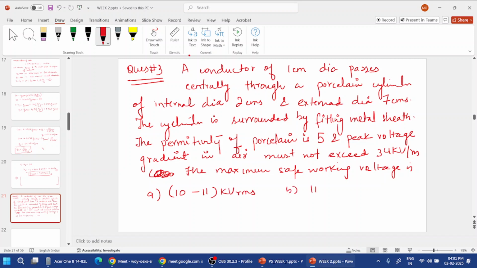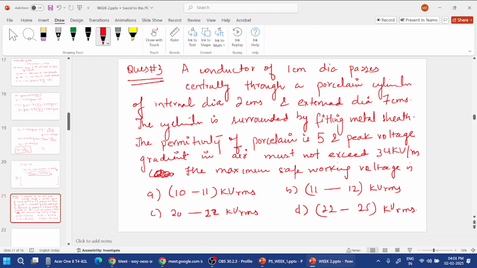B, 11 to 12 kV RMS. C, 20 to 22 kV RMS. D, 22 to 25 kV RMS. So write in the chat box the correct answer.